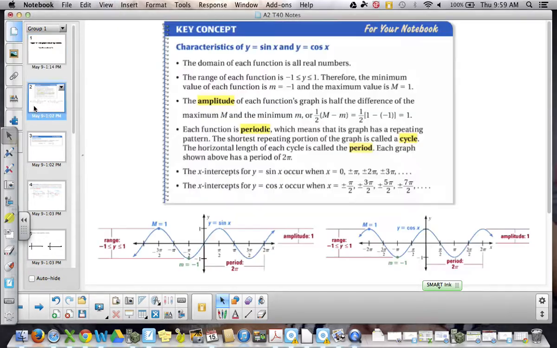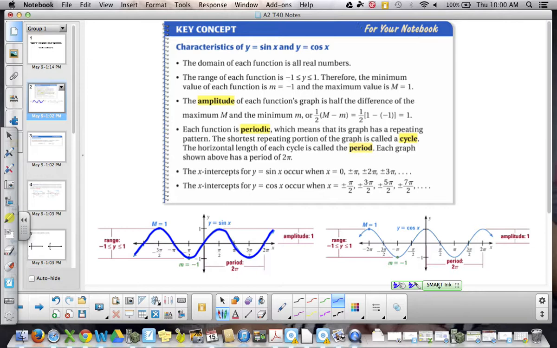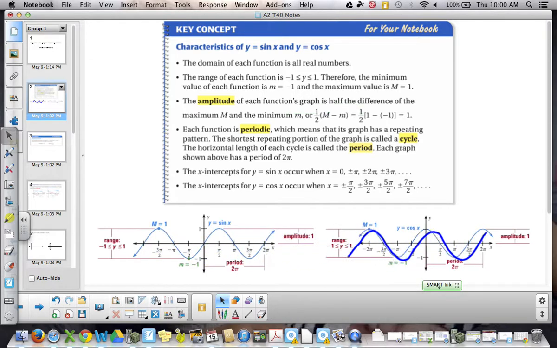So if we take a look at what sine and cosine graphs look like, you can see them down here at the bottom. And the first thing you should notice is that they look very much the same. So if I take a section of this graph right here, and this is the sine graph, and I move that over on to the cosine graph, you can see that it matches up perfectly.